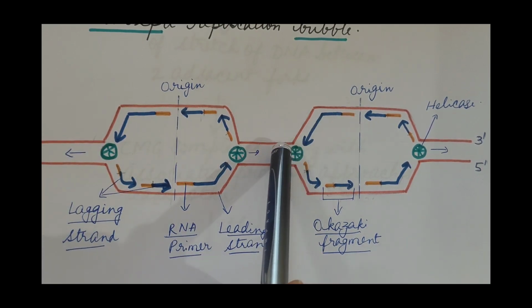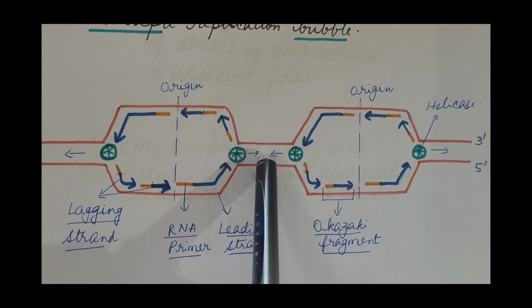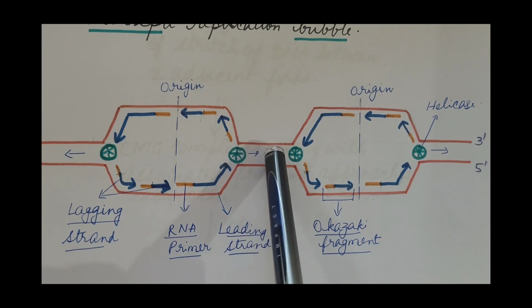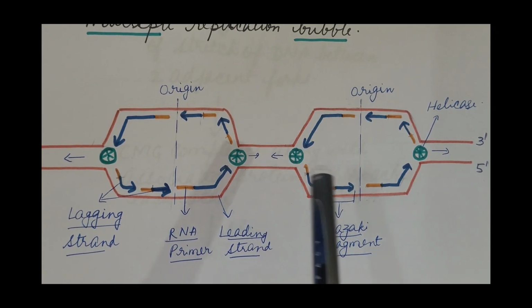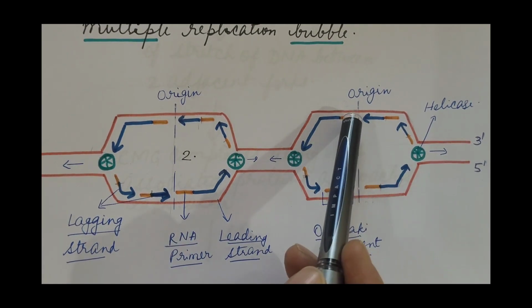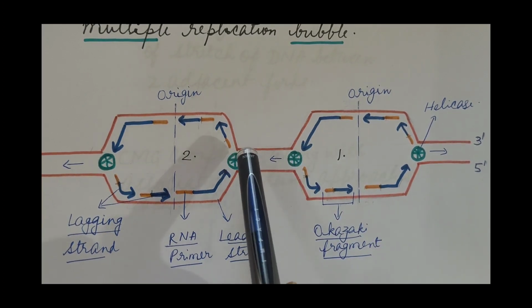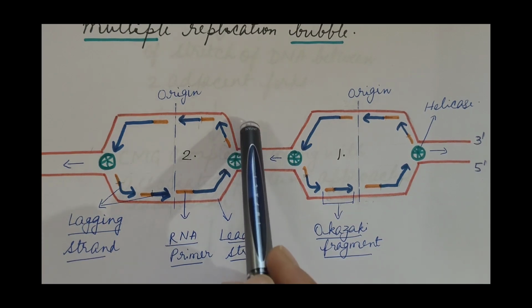When the replication forks of adjacent replication bubbles meet, then the termination of DNA replication takes place. As the helicase moves and the DNA strand separates, the leading strand of replication bubble 1 reaches the lagging strand of replication bubble 2.